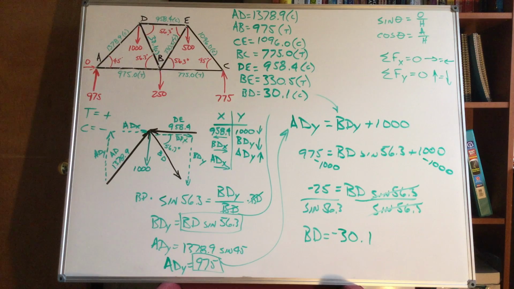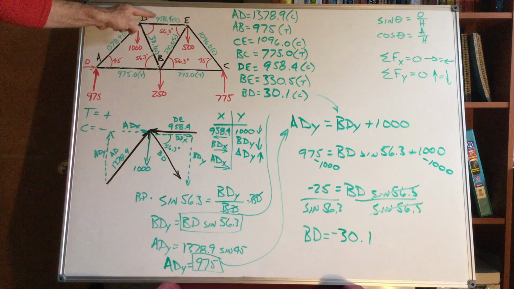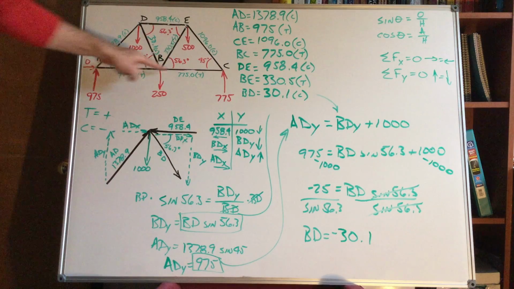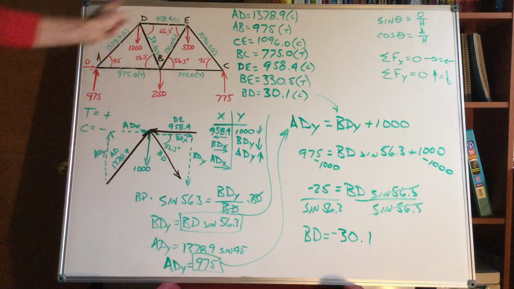And this is no different. Eventually you should be able to look at this and say, oh yeah, I can kind of see that. Notice that we have compression, compression, compression. Okay? Tension and tension.